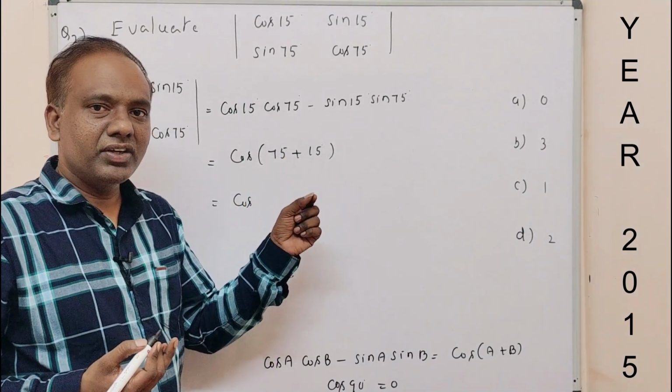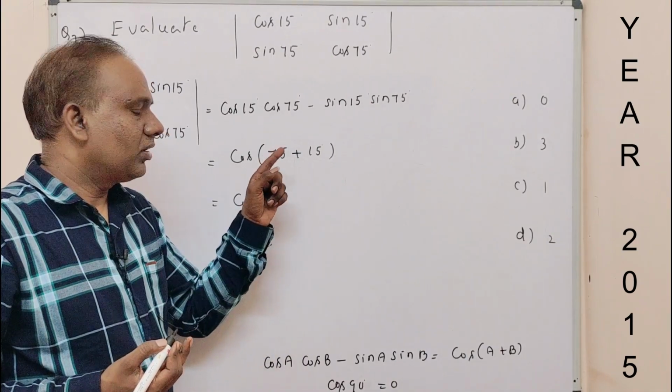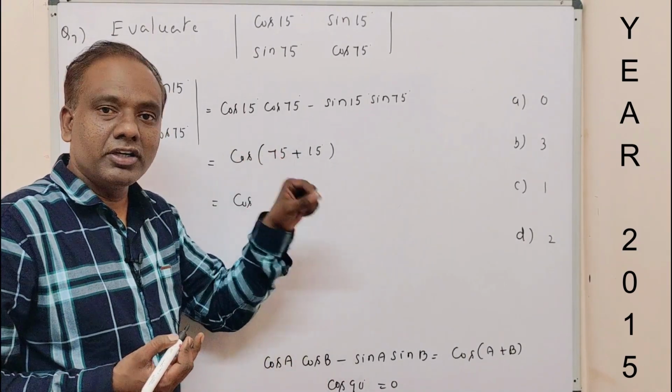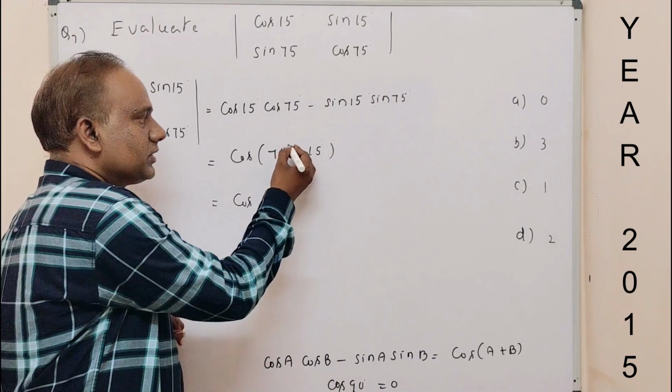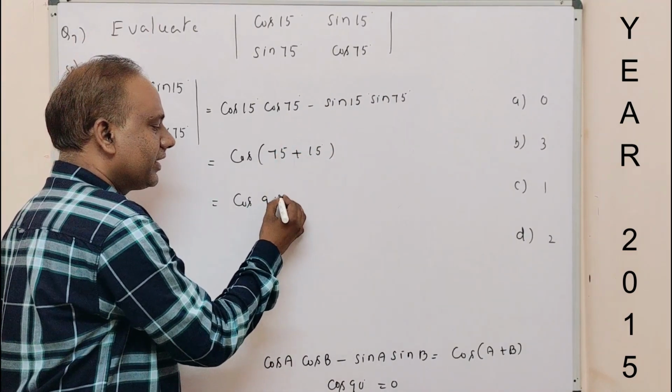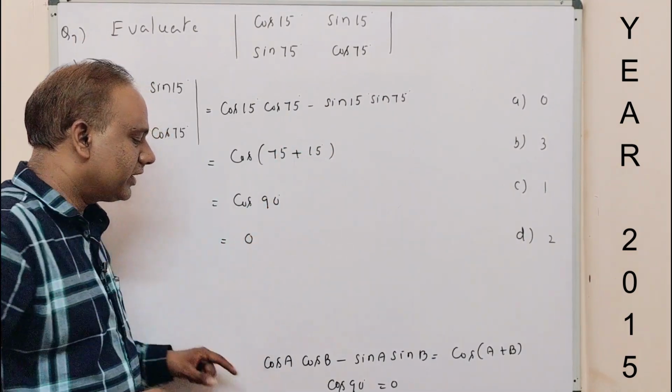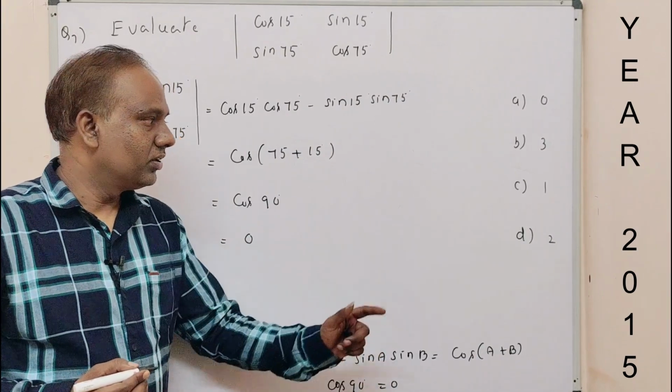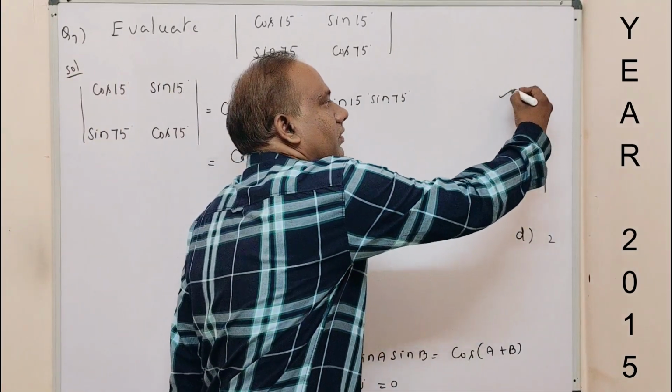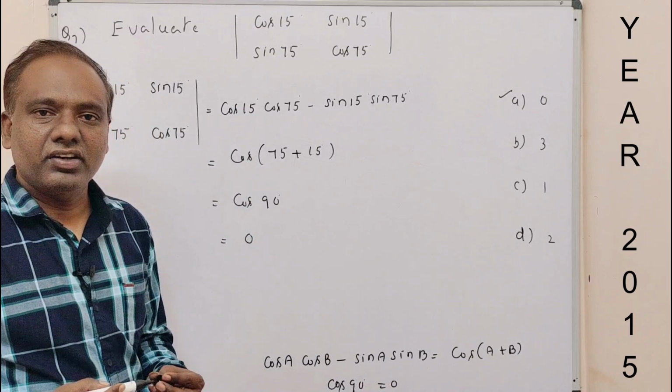In the case of negative only, try to always take the big number as A. So 75 plus 15 is 90 degrees, no? So cos 90 degree value is 0. Here option A is the correct answer.